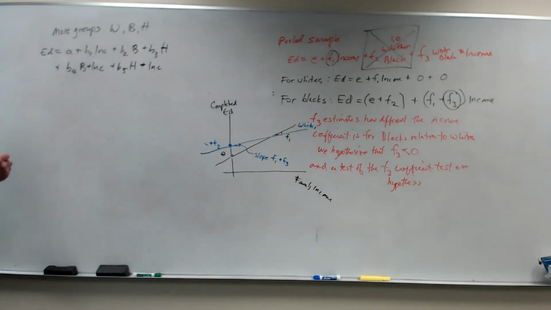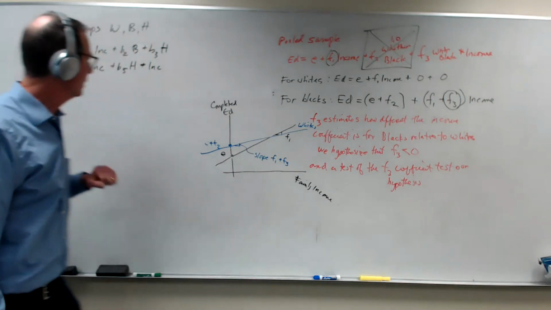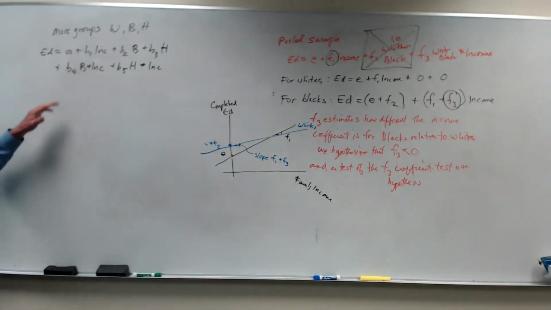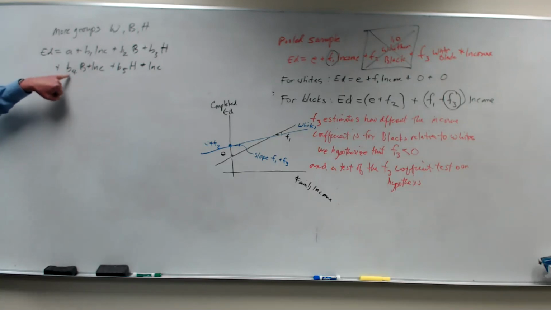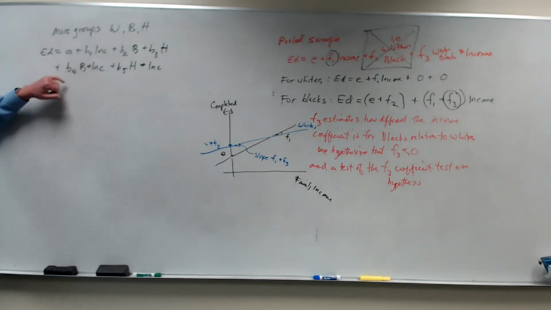Right, so you want all of these interactions together in order, in this case, to estimate 3 lines and to be able to test whether the slope differs. We don't care that much about the constants, we want them to be flexible and take on whatever value they should to get a best fit.